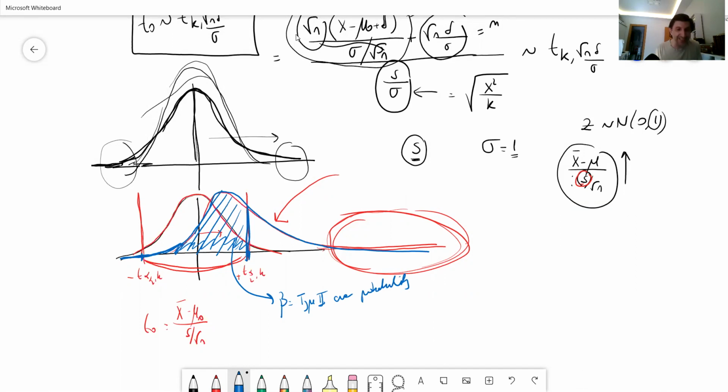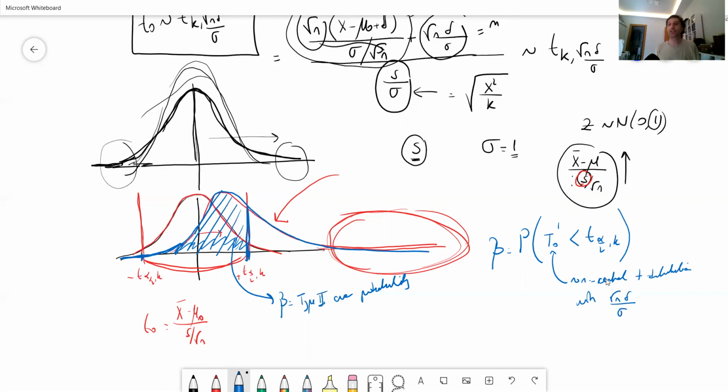So that area would be equal to beta, which is the type 2 error probability. This is the probability that T0 prime, let's call our new distribution T0 prime, the non-central t distribution, is smaller than t alpha over 2, k degrees of freedom, where T0 prime is the non-central t distribution with, what was the parameter, square root of n divided by standard deviation.